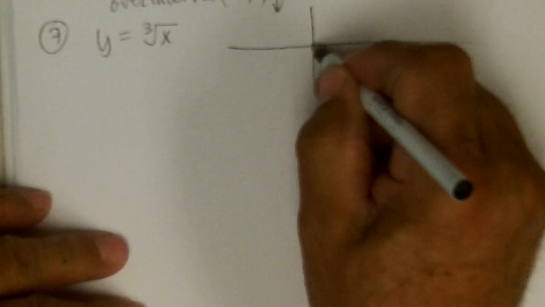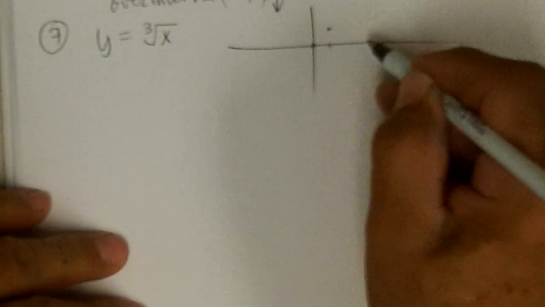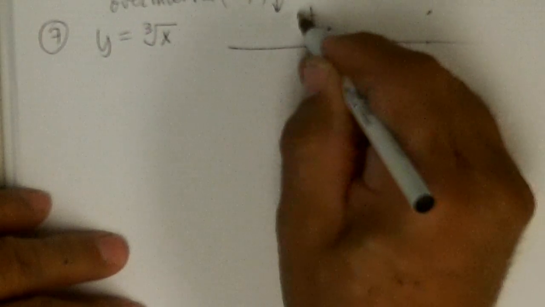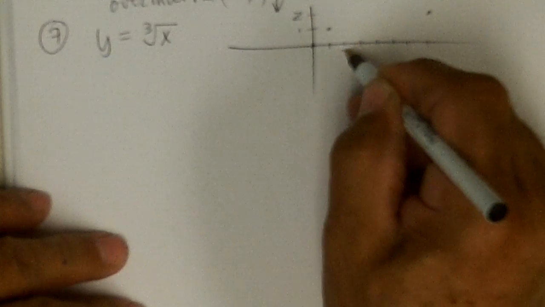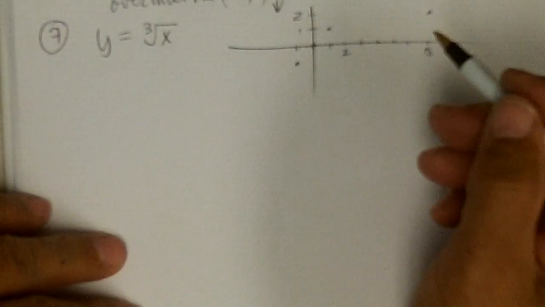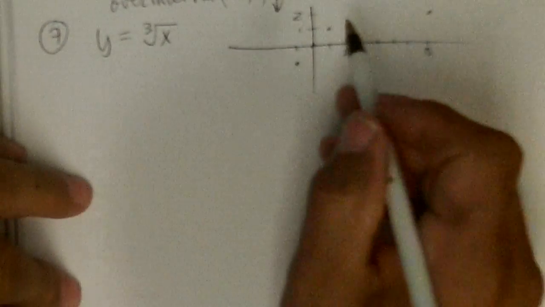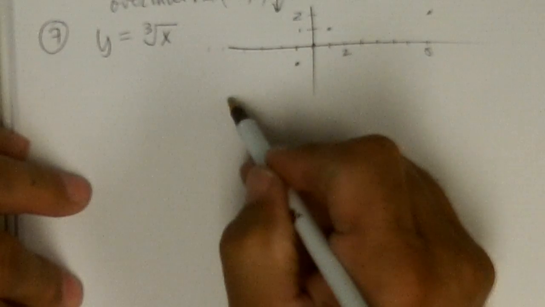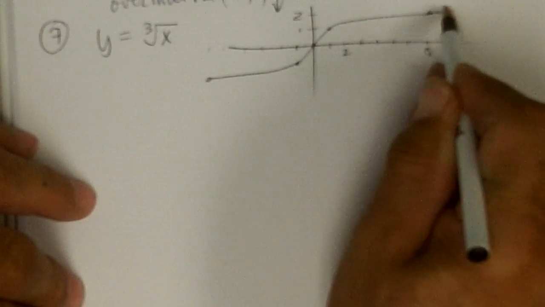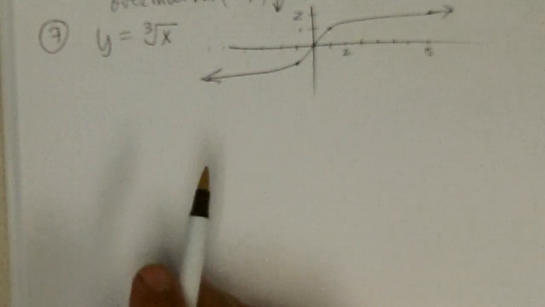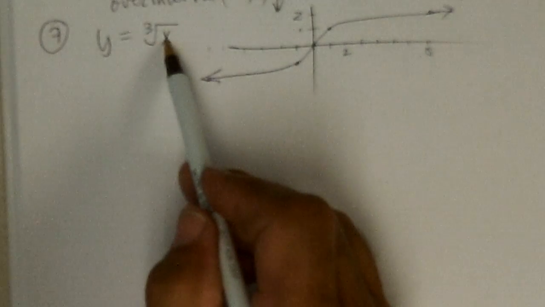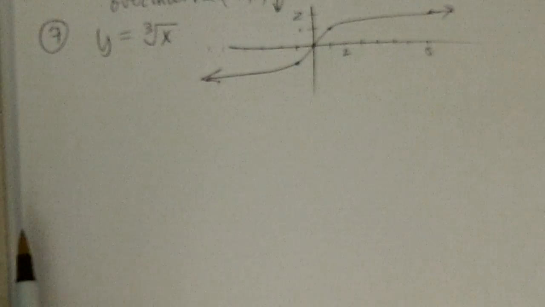Well, the cube root of 0 is 0, the cube root of 1 is 1, the cube root of 8 is 2, and the cube root of negative 1 is negative 1, because negative 1 times negative 1 times negative 1 is negative 1, and the cube root of negative 8 is negative 2, and it looks just like the last one, only sideways. And yes, it's odd because you spin it 180 and it lands on itself, or you can put a negative in here and the negative comes out and makes the negative of the function.